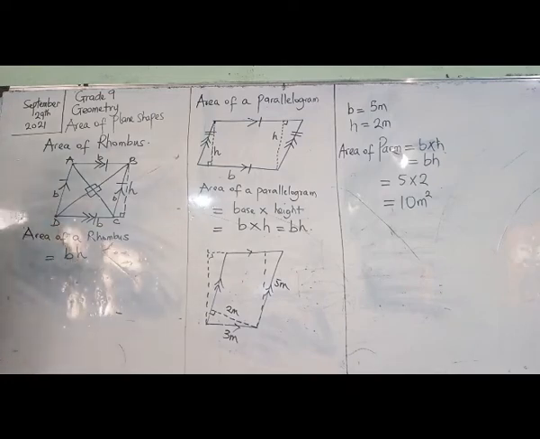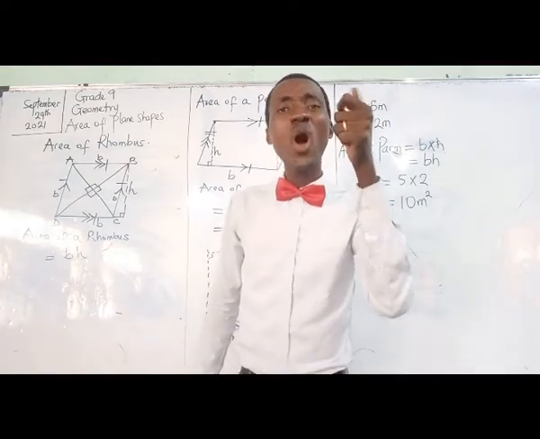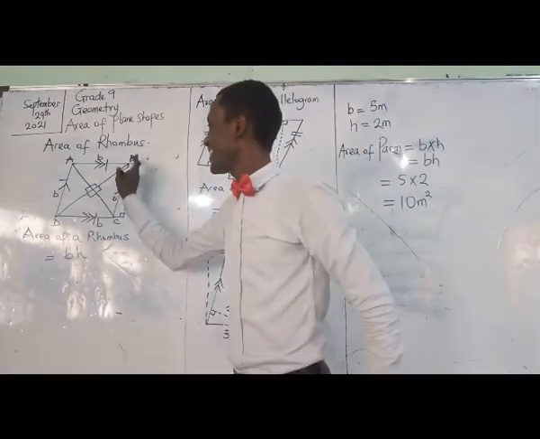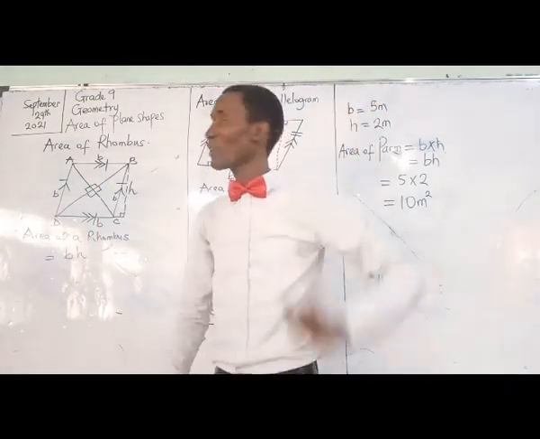That's one formula. We can also express the area of the rhombus if we know the diagonals of the rhombus. So, there's an added formula to that.